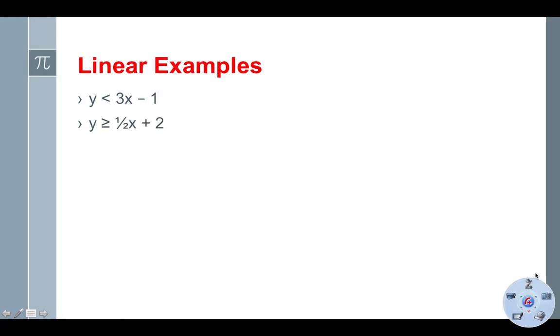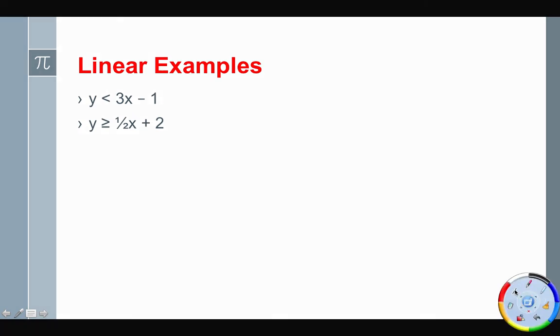We have y is greater than or equal to 1/2 x plus 2. Again, I'm going to set up my axes because there's nothing I have to do in extra setup here. I need to create some numbers here.